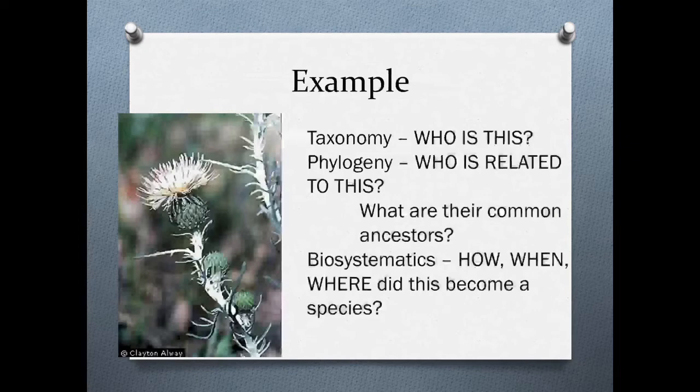What other plants have characteristics similar to this? And do those plants have ancestors in common? And then biosystematics is going to get even larger and say, how, when, and where did this plant become a species? So each science within the large science of systematics asks a slightly different question for how this plant got here.